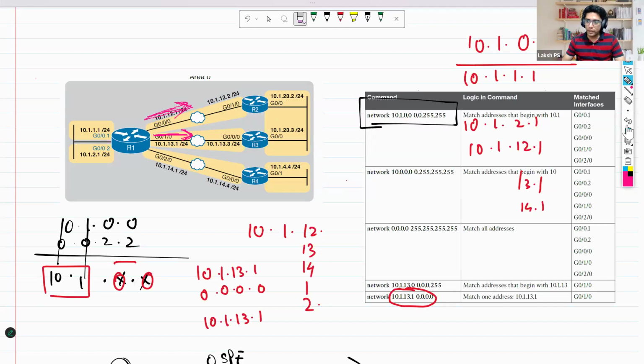So R2 will not only know about the 10.1.12.1 network, it will also know about the 13.1 network. Similarly, R3 would not only know about the 13.1 network, it will also know about the 12.1 network. Clear?